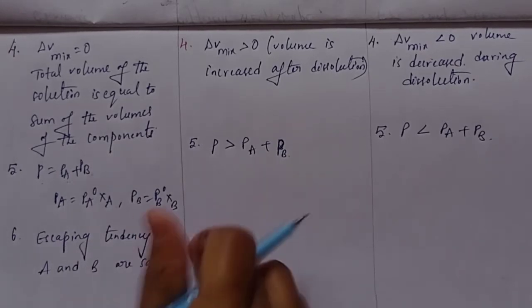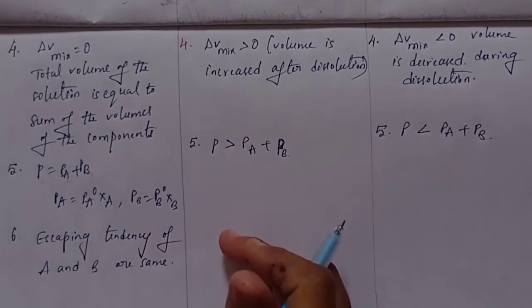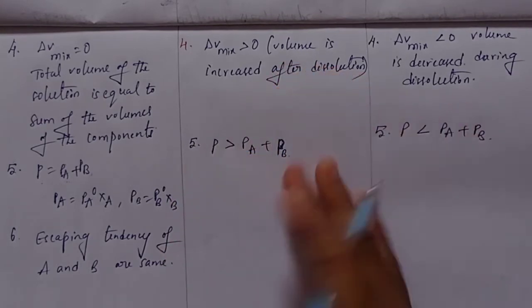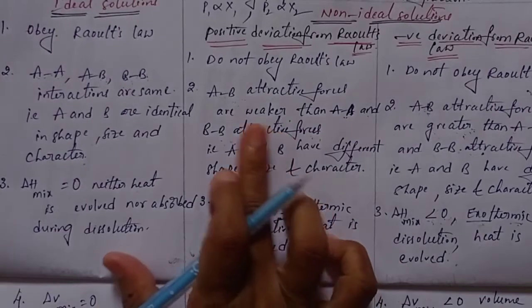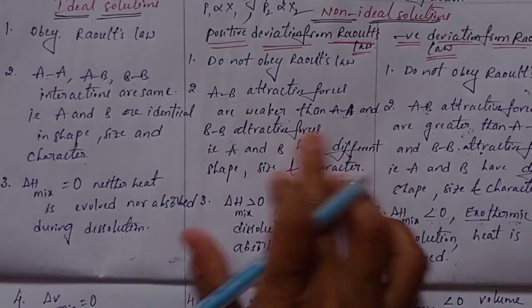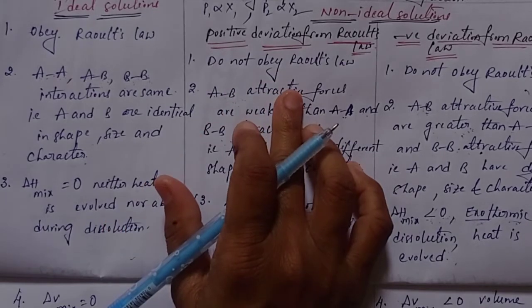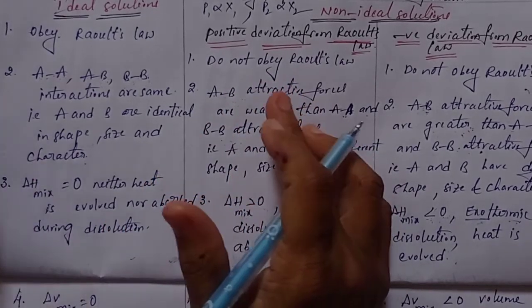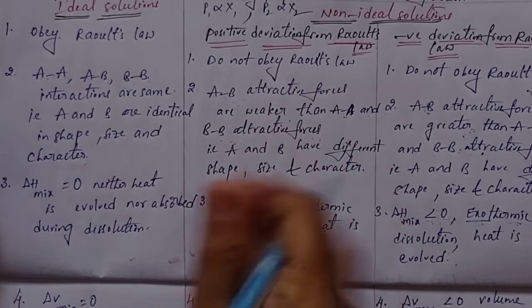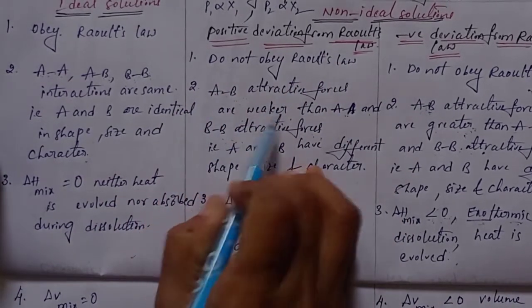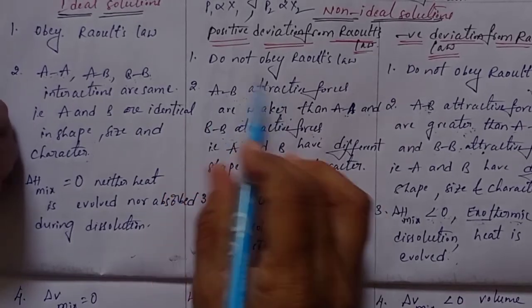But in this case, students, AB attractive forces are weaker than AA and BB attractive forces. So that's why the escaping tendency of AB components is higher. It is more, because AB attractive forces are weaker. So that's the solution's escaping tendency.